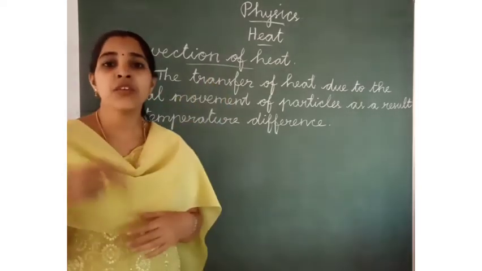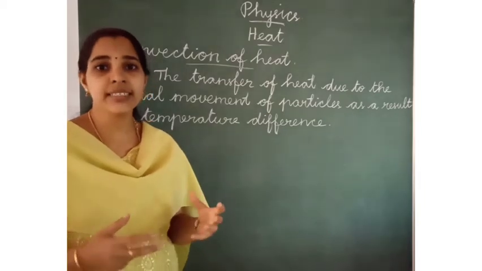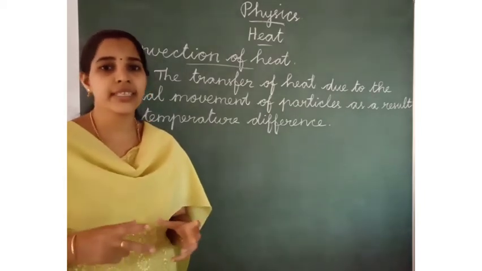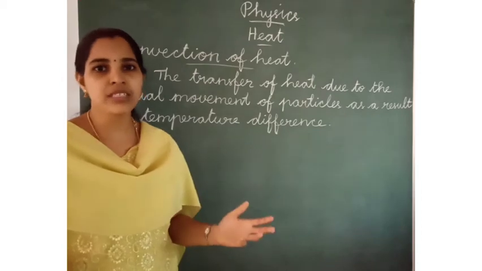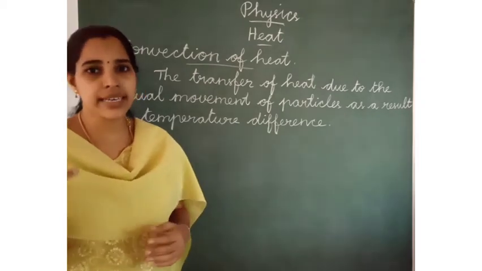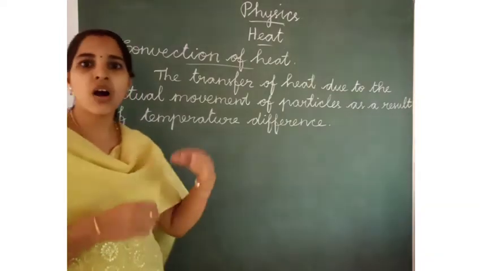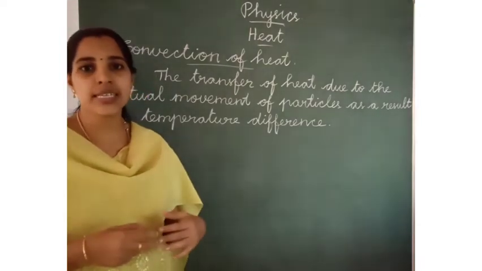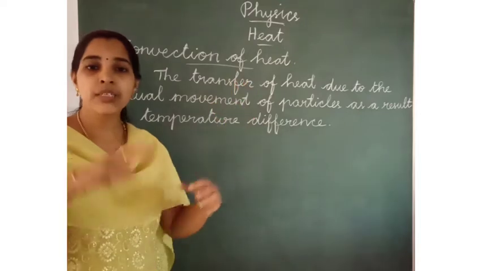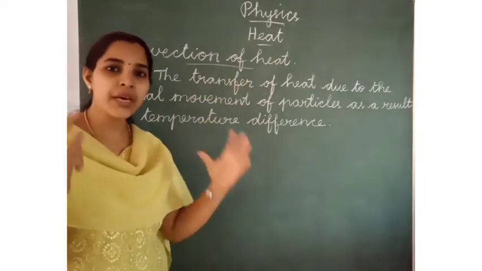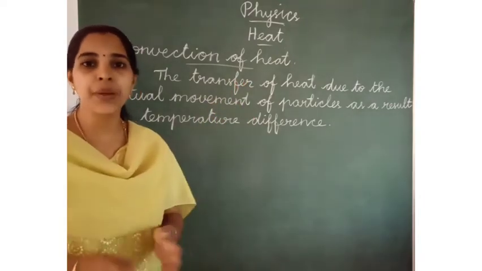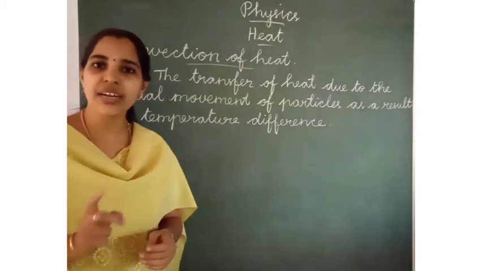When fluids get heated, the particles of matter expand and decrease their densities. The warmer or lighter particles rise up and cooler and heavier particles take their place. That is called convection.